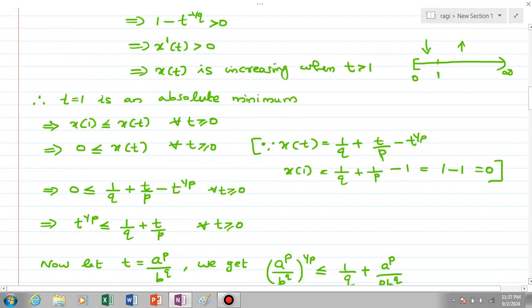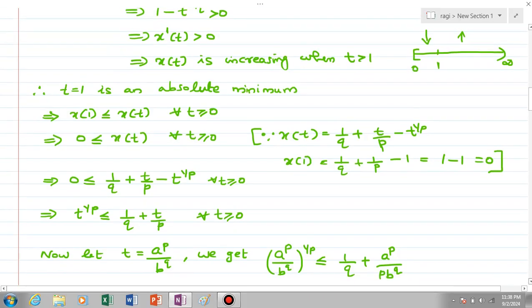This inequality is true for every t ≥ 0. So we let t = a^p/b^q. Here a and b are greater than or equal to 0, and 1 < p < infinity. So t is a positive quantity, and without any doubt we can substitute this into the inequality we obtained.